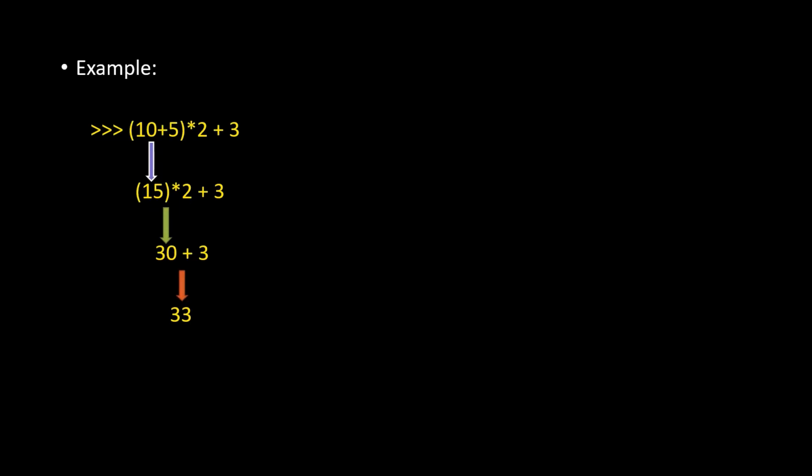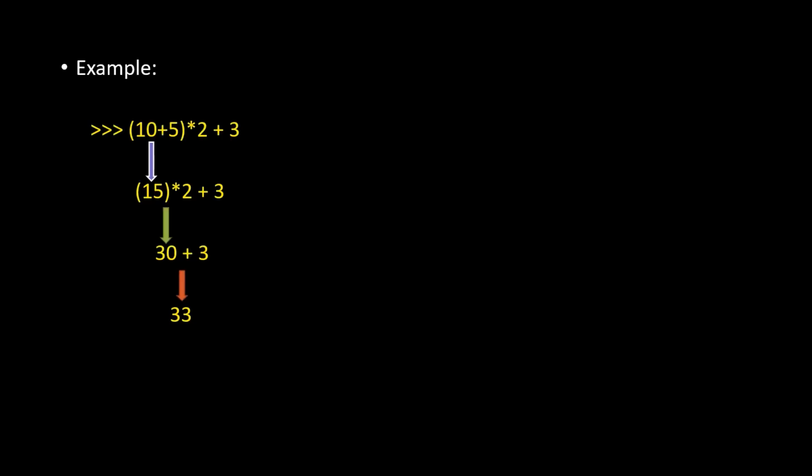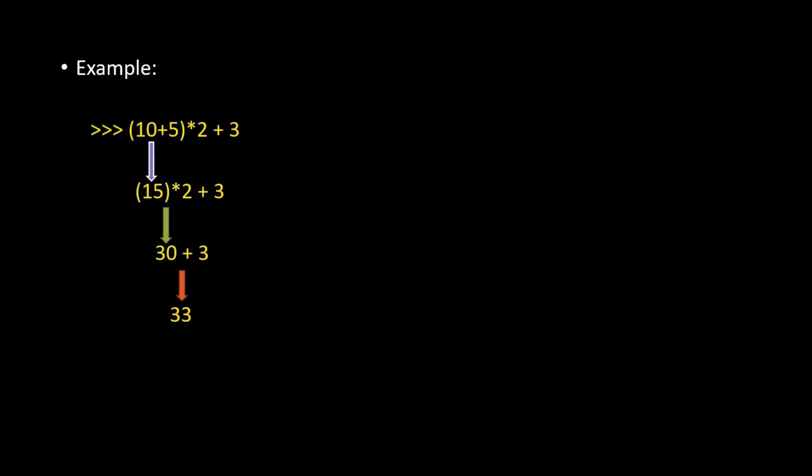After parentheses comes exponent, and we don't have any exponent, and next is multiplication. So we multiply 15 by 2, which is 30, plus 3. After that comes division, we do not have any division, and finally addition. So 30 plus 3 is 33. This is the order we follow to calculate any other mathematical expressions.